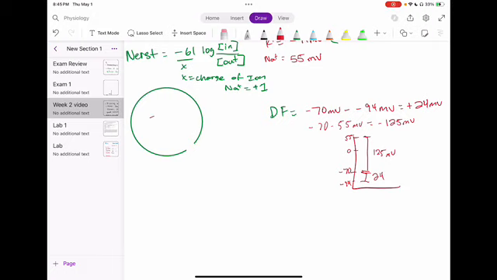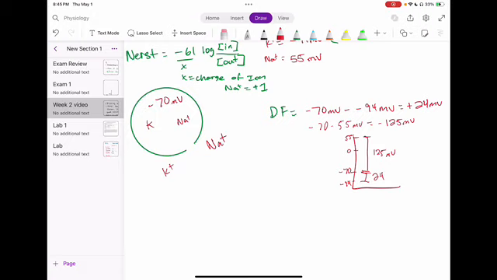So if we have a normal neuron of negative 70 millivolts, we have some potassium inside the cell. We have some sodium. We have some more sodium outside the cell. Some potassium outside the cell.